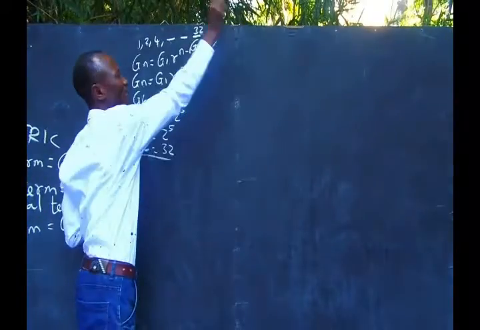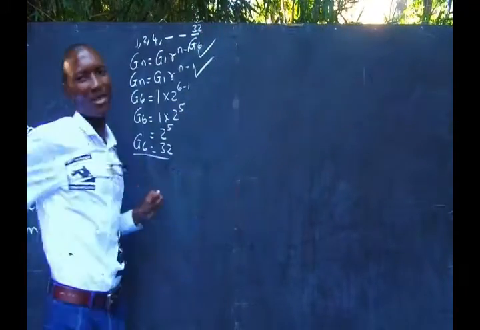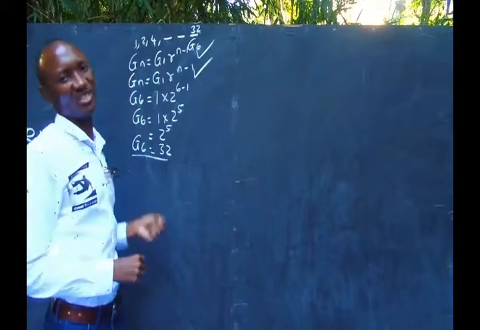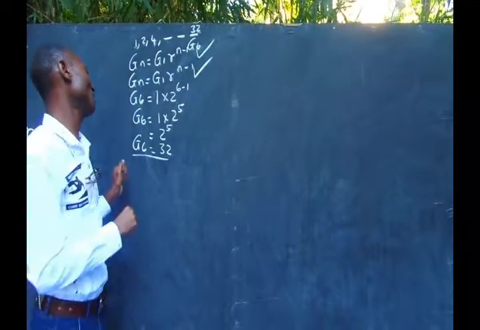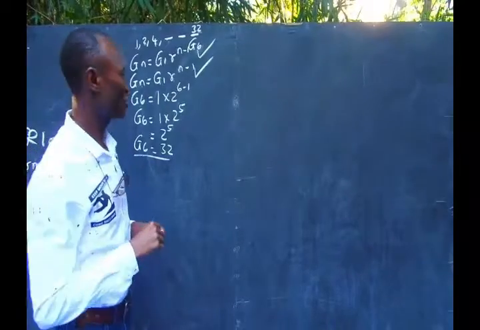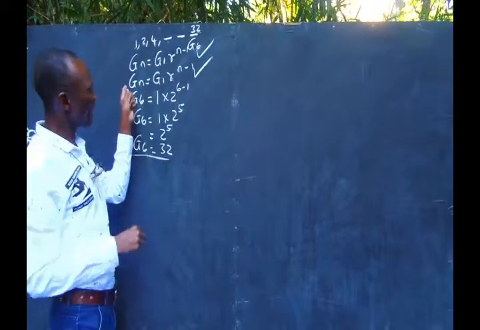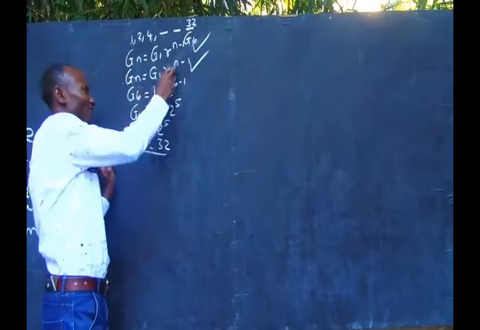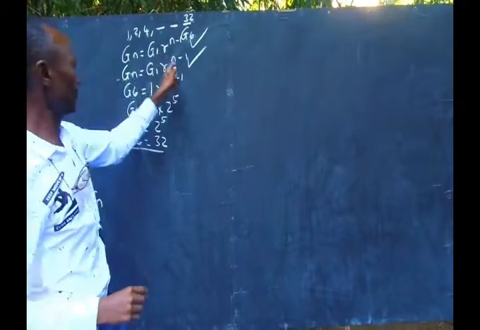So this formula is suitable. It's a good one. It is going to be used to find the unknown term of geometric progression. Let me derive it. Let me show you where this formula comes from, how we can obtain it.